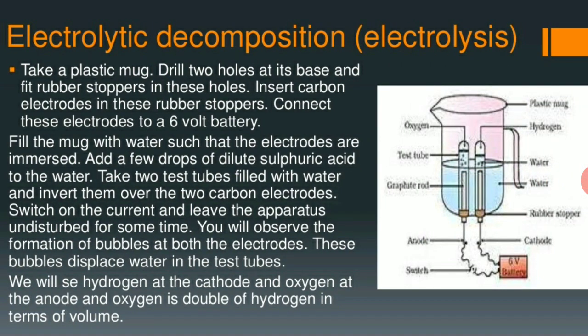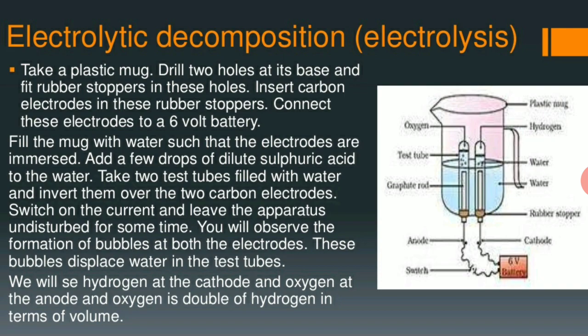If the decomposition takes place by means of electricity, it is called electrolytic decomposition. You learned about electrolysis of water. When electricity passes through any solution, certain chemical changes will happen.